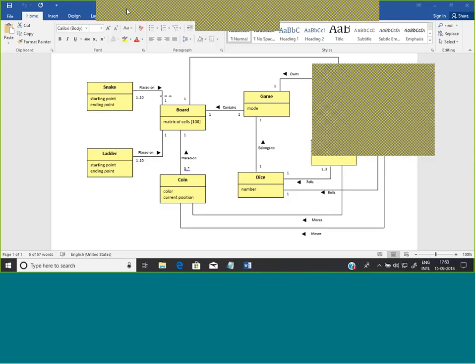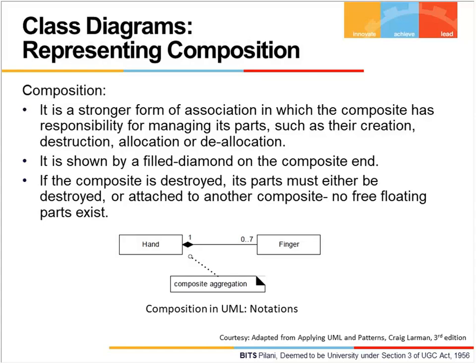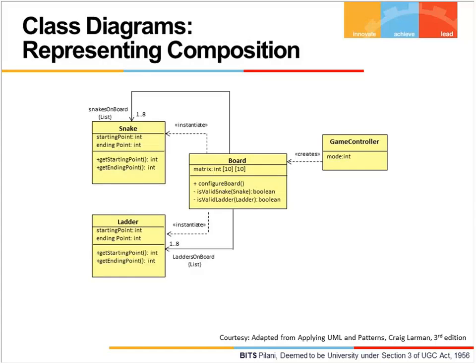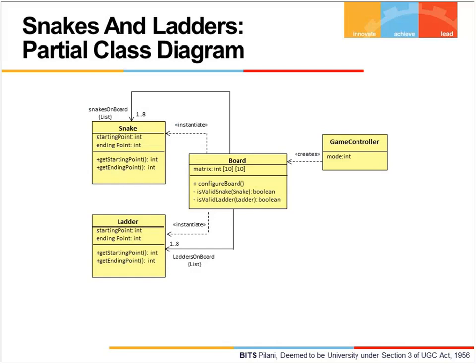I will just stop sharing, and let me just go back to this, and we are here. Right? So the first thing in transitioning from a domain model to the class diagram is to capture the attributes and the operations. So I've tried to do that. This is only a very small portion of the class diagram. It's a partial one.